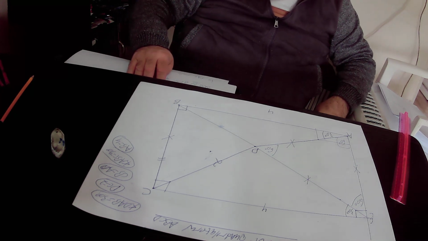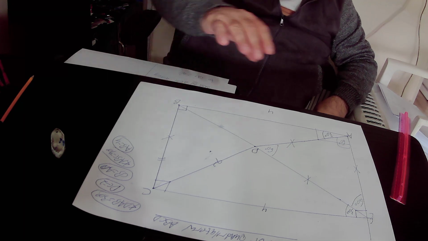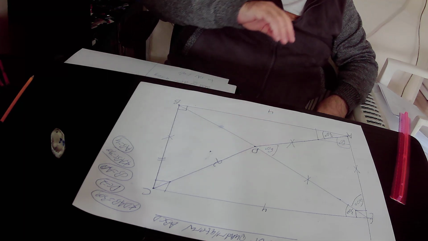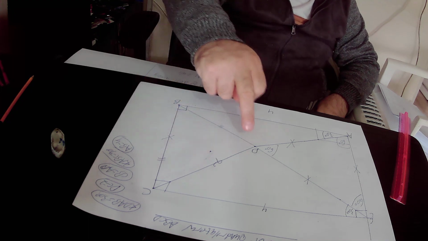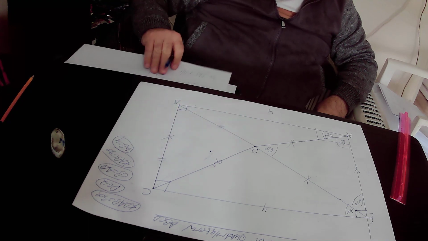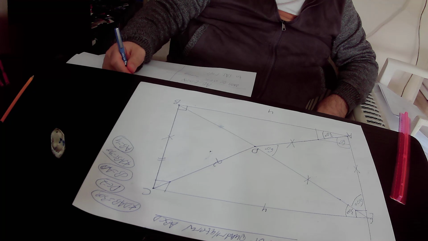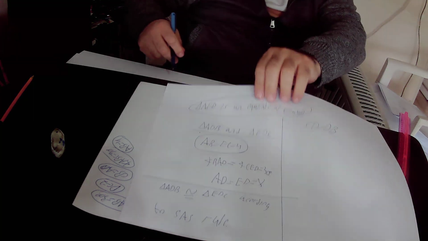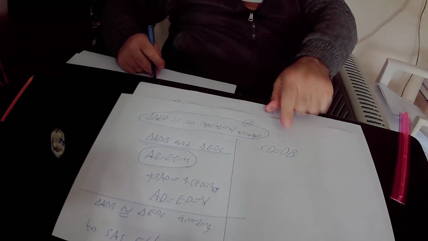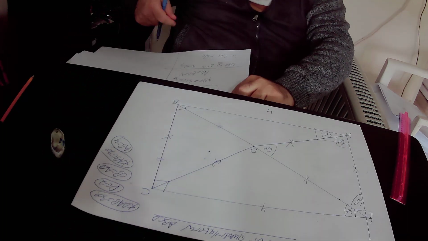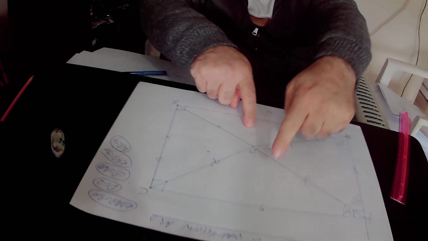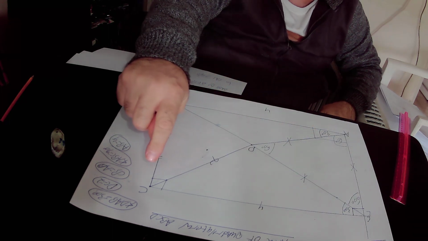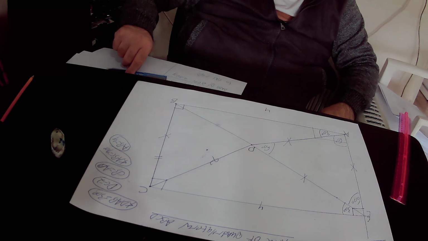And we will conclude from the fact that those two triangles are congruent to each other that CD equals DB. Again, CD equals DB according to the rule that corresponding sides in congruent triangles are equal to each other. Those two triangles are congruent to each other. Therefore, the corresponding sides, that is to say CD and DB, will be equal to each other.